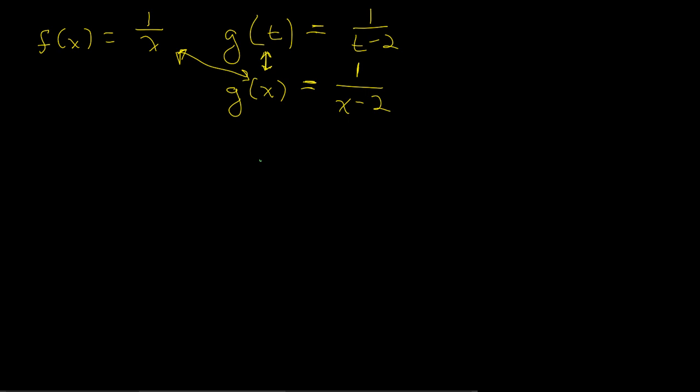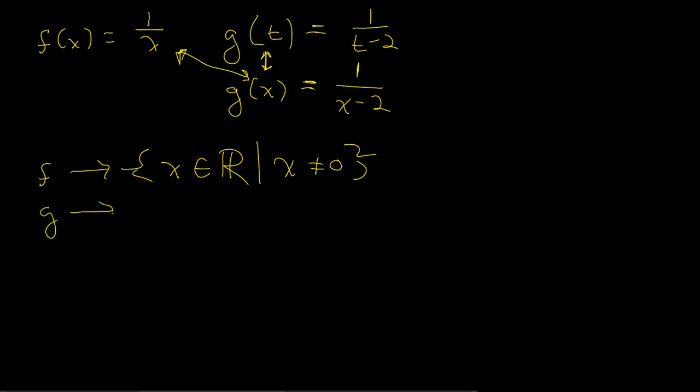But notice the domain for f: x is an element of all real numbers, but x cannot equal 0. And g, when I shift it over, says x is an element of all real numbers, and x can't equal 2. Otherwise, I'd be dividing by 0.